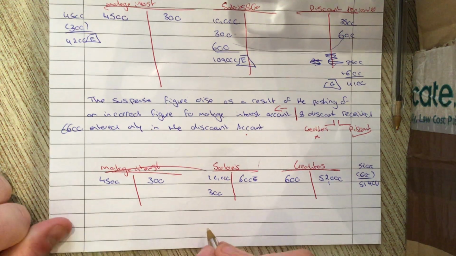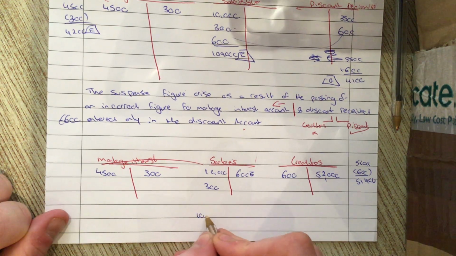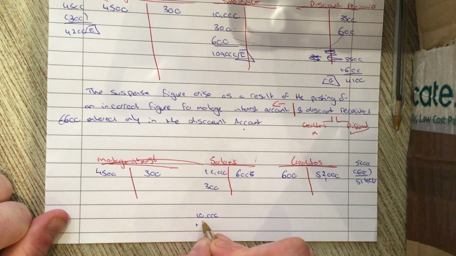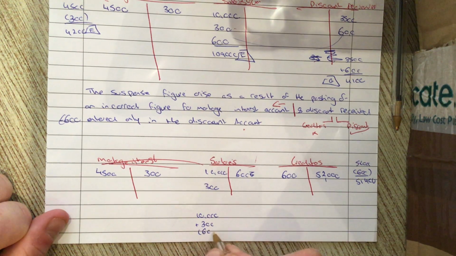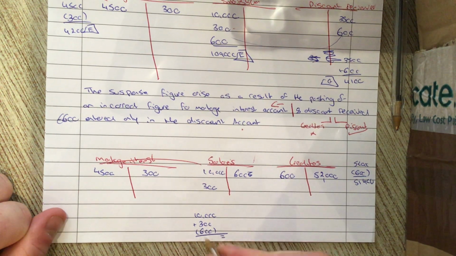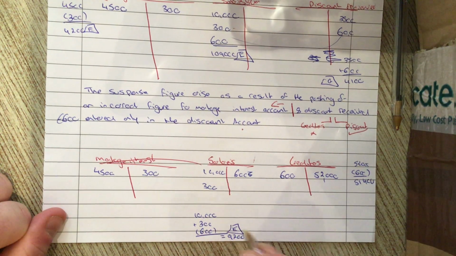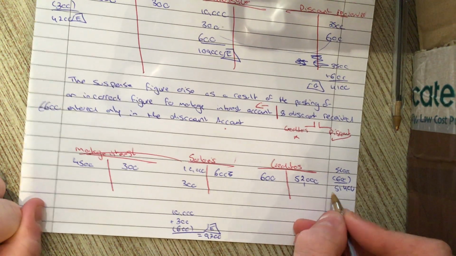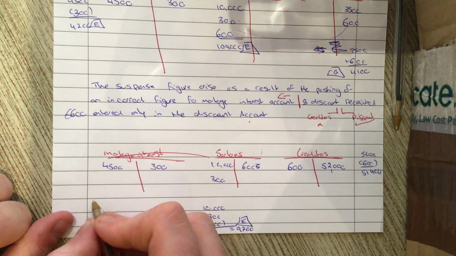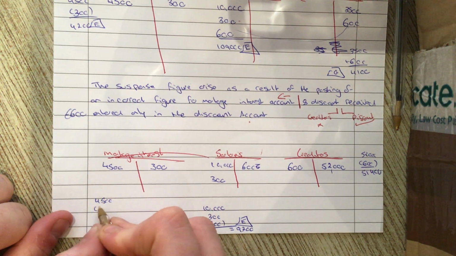Okay, so what it looks like is salaries and other expenses was 10,000 plus 300 minus 600 equals 9,700 euros, right? That's an expense. Creditors is now 51,400. Mortgage interest is now 4,200 because it was just 4,500 minus 300.